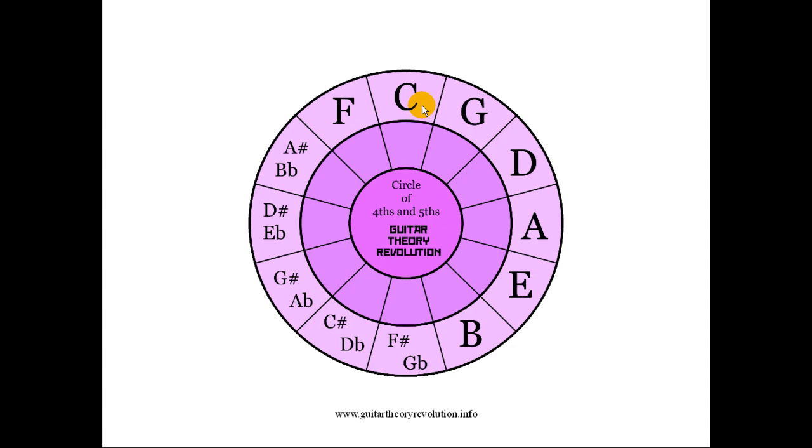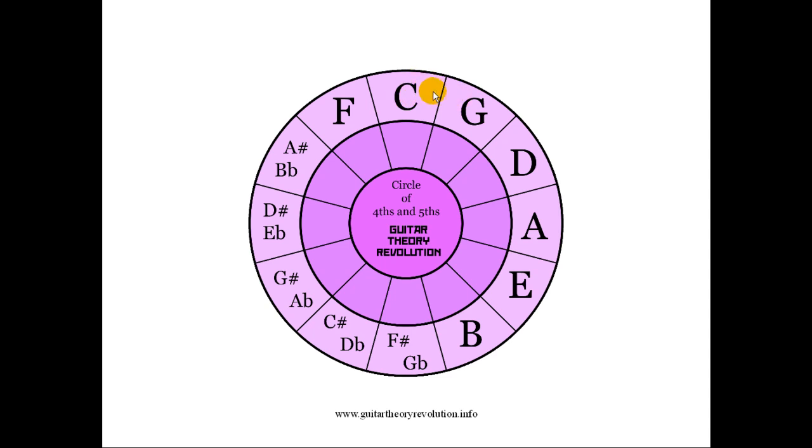So how do we find all the notes along the circle of fourths and fifths? Well, we know that all 12 notes are in the circle, so we can start with any one, but we'll start with C at the top here. To find the notes in the clockwise direction, remember that it moves in fifths.